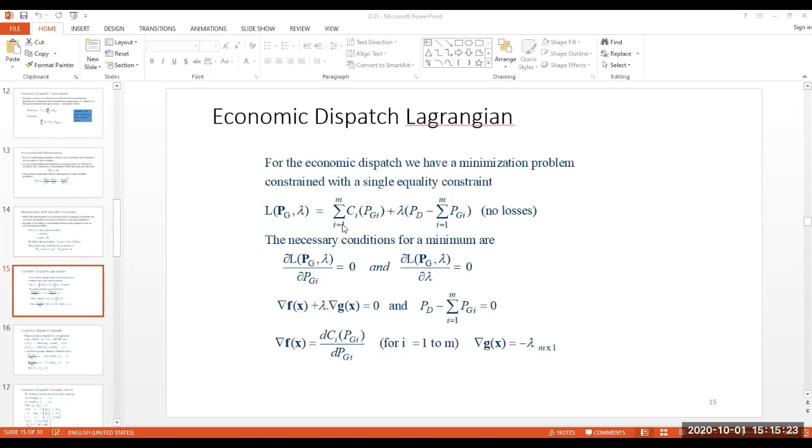So the first part will not appear, and you will simply get back your PD minus this. This is your second condition. And if you take the partial derivative, you are getting back your g of x, your constraint function. Then you are going to take del g of x. Why do you need del g of x? Because you have to put it here.